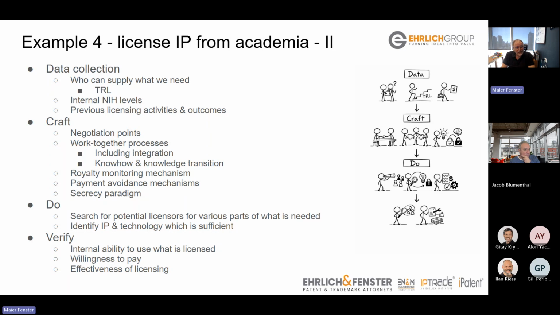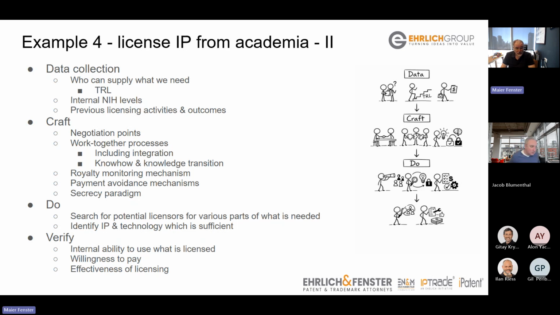In any case, we put together negotiation points and processes for inside the company in order to make use of that license. We plan a royalty monitoring mechanism so we don't pay too much. We build all sorts of mechanisms to avoid paying. And since we're licensing somebody else's knowledge, we probably have to keep secrets.